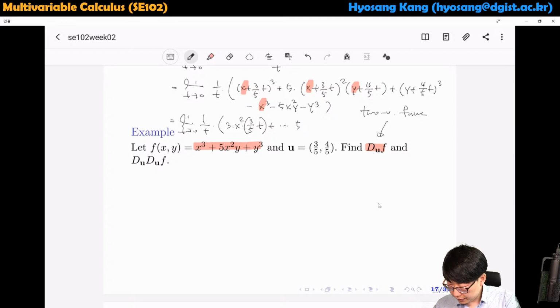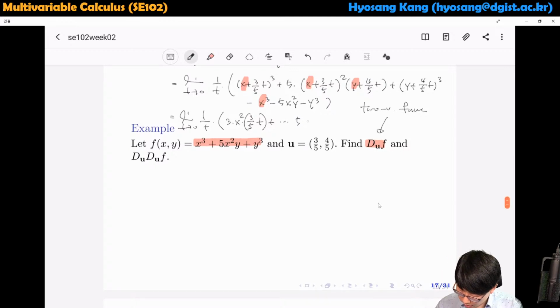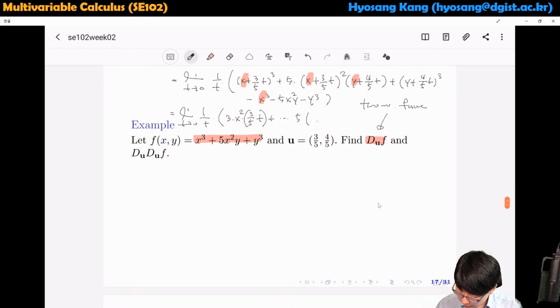And what's left is, I have to actually write everything here. Let me erase this. x squared plus 2 times x 3/5t plus 3/5t squared, and y plus 4/5t, and take this x squared 5x squared y, and then let's finish the last one first.